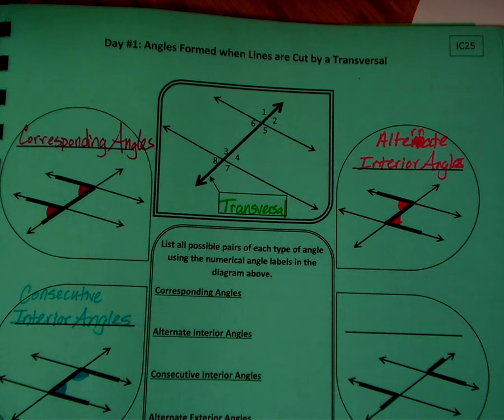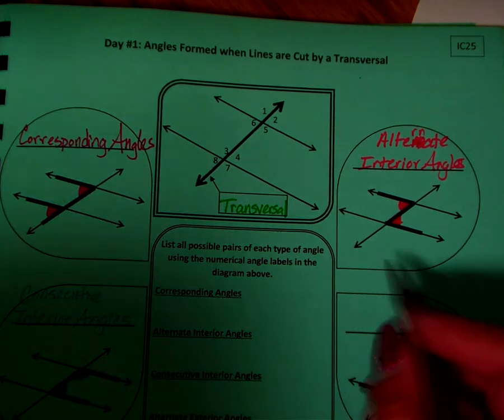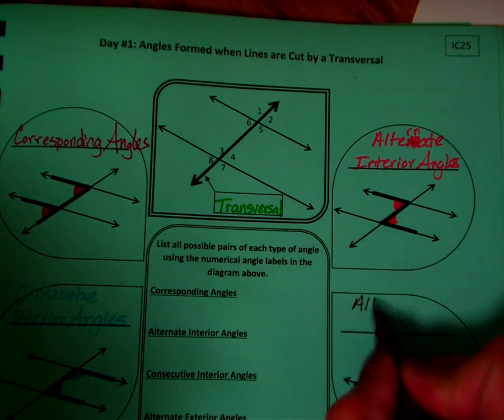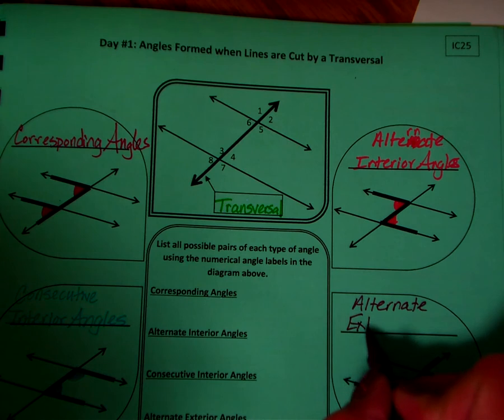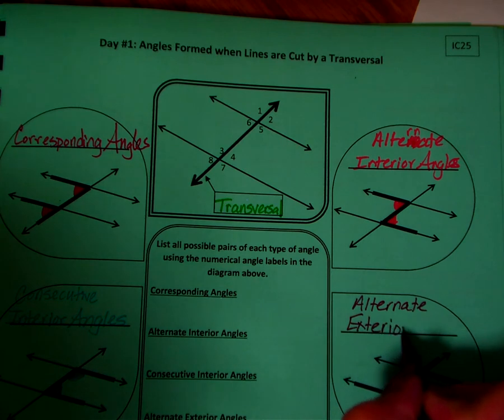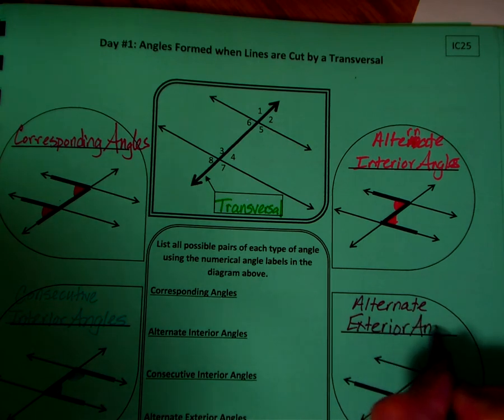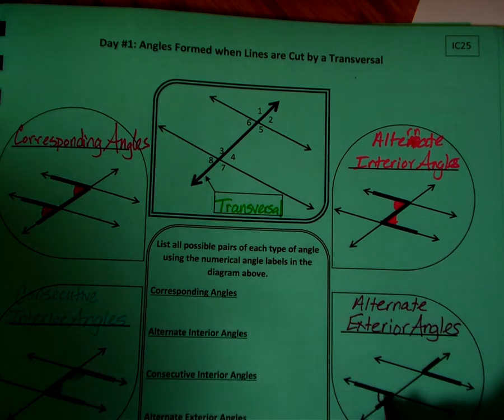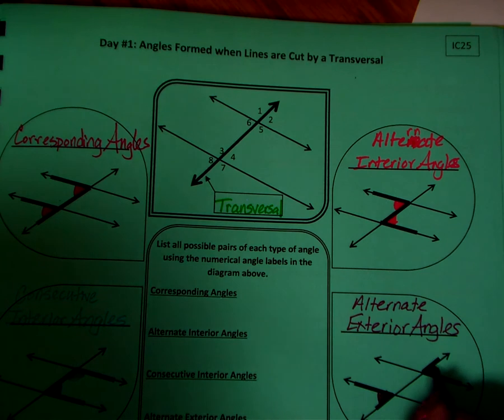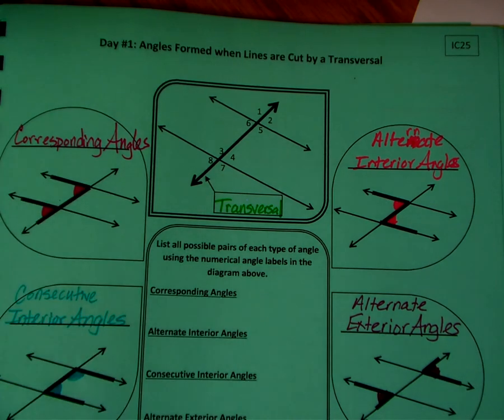Okay, and lastly down here, we have alternate exterior. Exterior meaning outside. Think of it as outside, okay, for exterior. So that would be, for example, here and here would be alternate exterior.